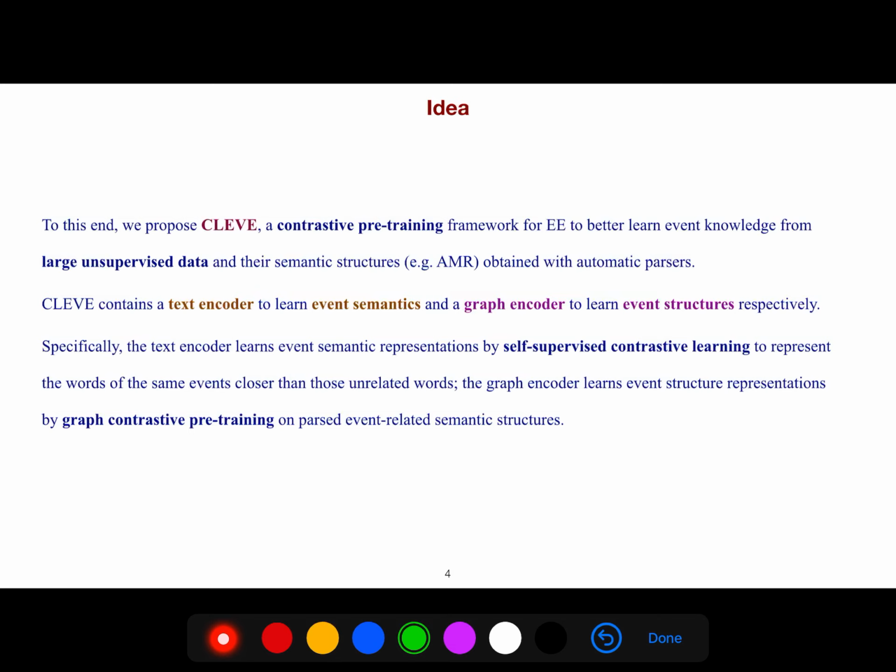Specifically, the text encoder learns event semantic representations by self-supervised contrastive learning to represent the words of the same events closer than those unrelated words. The graph encoder learns event structure representations by graph contrastive pre-training on parsed event-related semantic structures.